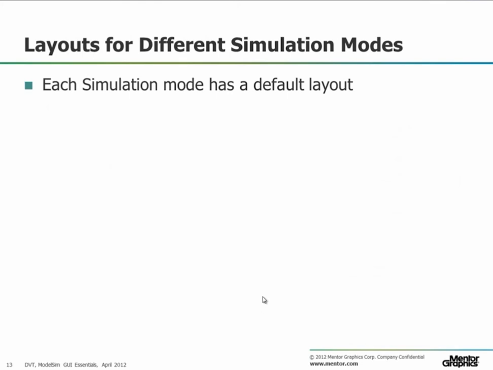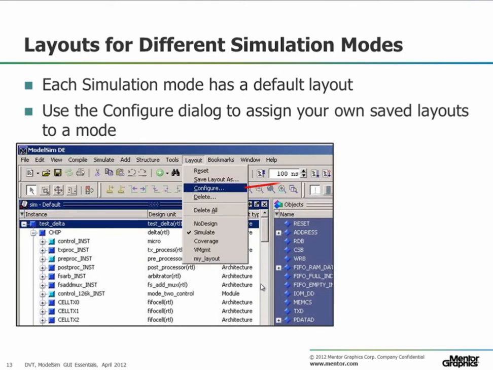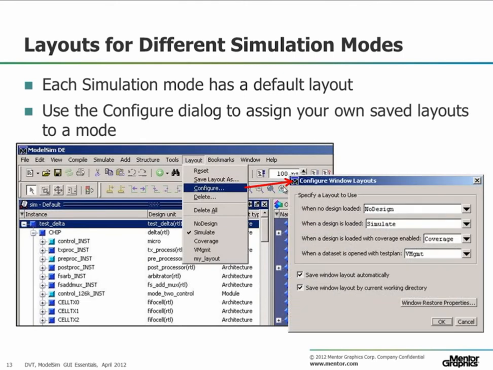So each phase of simulation has its own default layout. If I go into Layouts Configure, you'll see when I first start up and I haven't loaded a design and maybe I'm just doing some compiles, I'm in what's called the No Design Loaded layout, and by default we use the No Design layout. When we go into simulation, we use the Simulate layout.